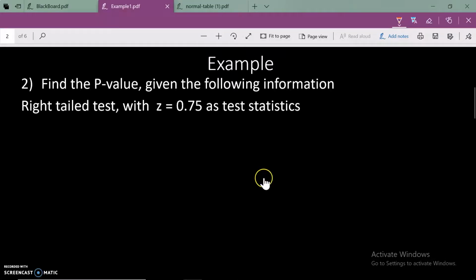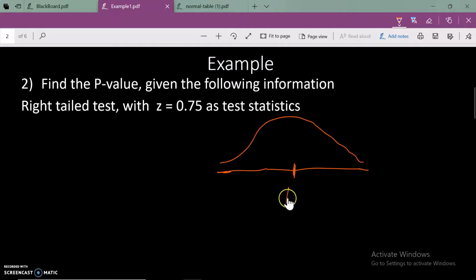Let's see another example. Find the p-value given the following information. It's a right tail test with z equal to 0.75 as a test statistic. So we have to draw a bell-shaped curve.